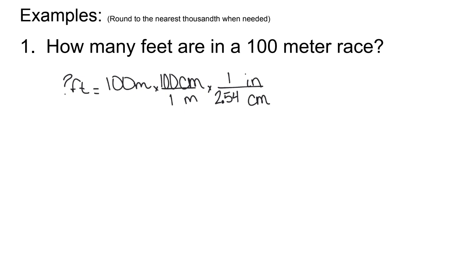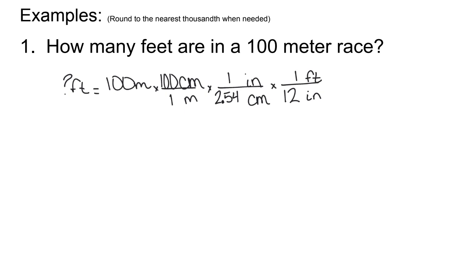We're getting closer. We're now in inches, but we really want to get to feet, so we need another 1. We're going to put inches on the bottom so we can get out of inches, and we're going to move to feet. On our conversion list, we see that 1 foot is equivalent to 12 inches.